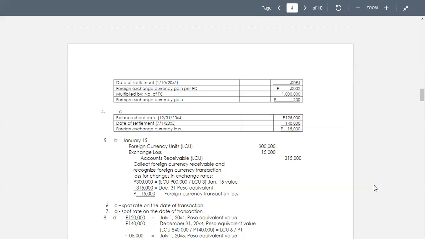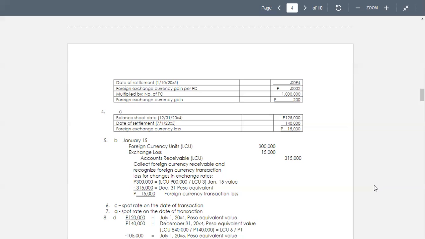The inventory debit is equal to 9,200. The inventory cost 10,000 FCUs, and we have the exchange rate equal to 0.92. So the answer is letter C, inventory debit of 9,200. So that's letter C for number 6.